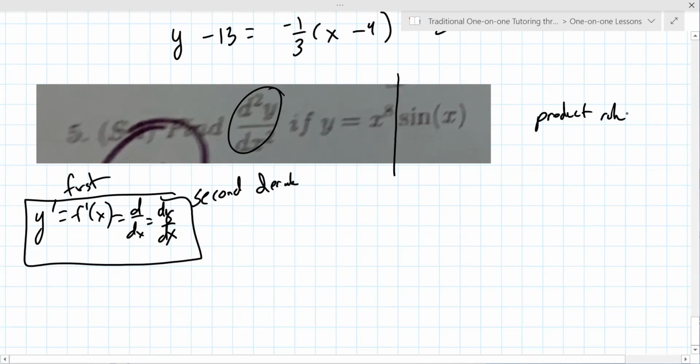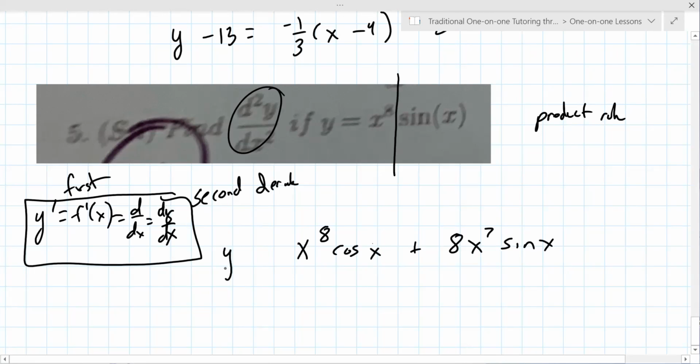If you'd be so kind, could you give me the final product rule derivative of this whenever you've got it? Take as much time as you need. Okay, so x to the 8th cosine x plus 8x to the 7th power sine x.